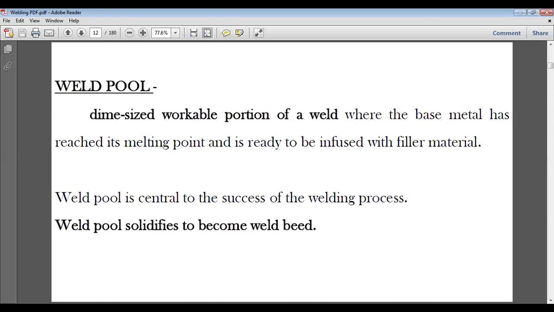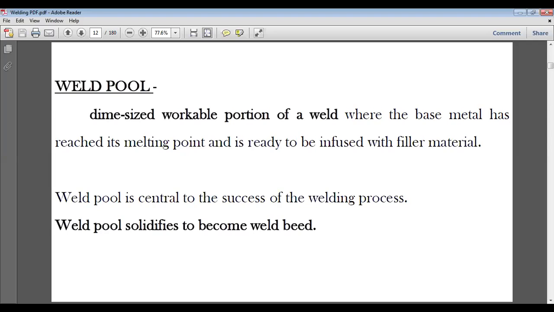Weld pool is central to the success of the welding process. Weld pool solidifies to become weld bead. So weld pool is basically the fusion zone of two metals, where after its solidification it becomes the weld joint and weld bead. The role of weld pool is very important.